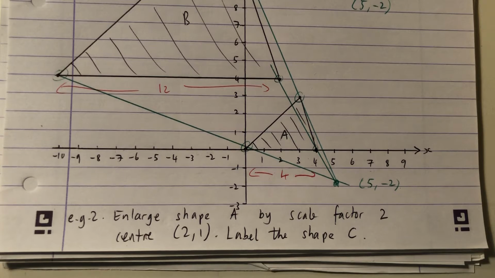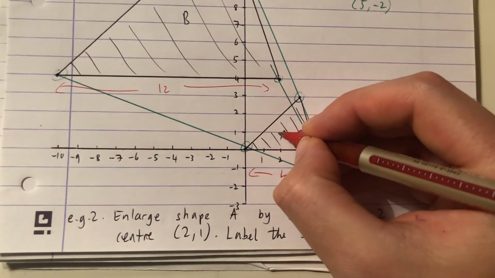So it's really important that you label the centre, because that tells you where the shape is going to end up. Just like we do with rotations and reflections, we label mirror lines and centres of rotation. We label the centre of enlargement, which is that point there.